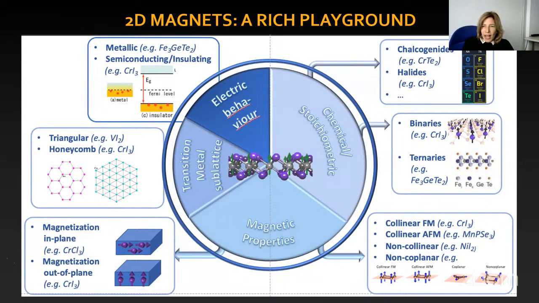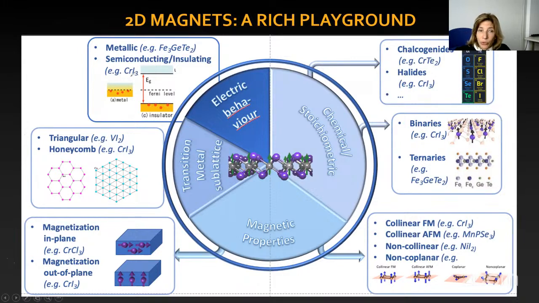So these 2D magnets, I find them pretty interesting and pretty various. For example, from the chemical point of view, you can change the anion, putting a chalcogen or halogen. You can find binaries or ternaries, and from the crystallographic point of view, you can find triangular, honeycomb and rectangular lattices, so again pretty various.